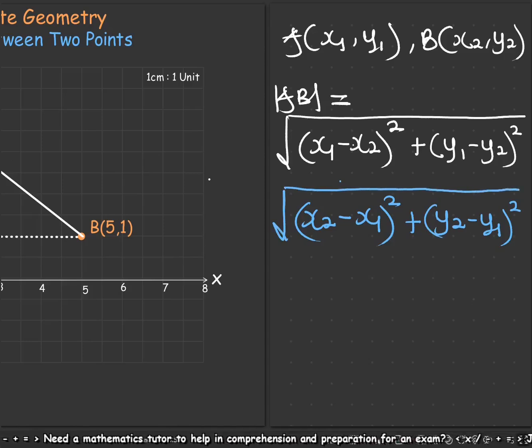So it doesn't matter which you bring first, because at the end of the day, you are going to square it, and then you find its square root. So this is one formula we use to find the magnitude between 2 points. It is actually derived from the Pythagoras theorem. Now, I don't want us to go much into that. But let's quickly look at the application of this over here.